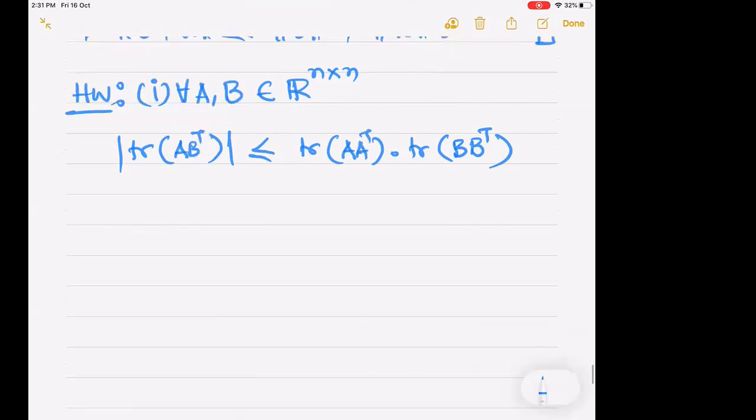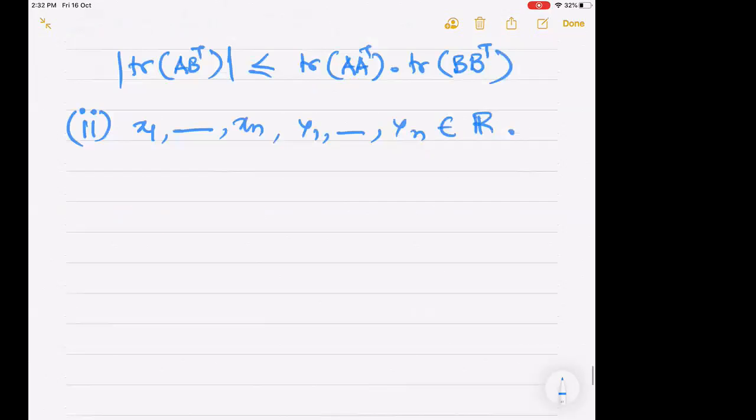Also, you can prove something like, say, x1 dot dot dot xn and y1 dot dot dot yn are, let's say, all real numbers.